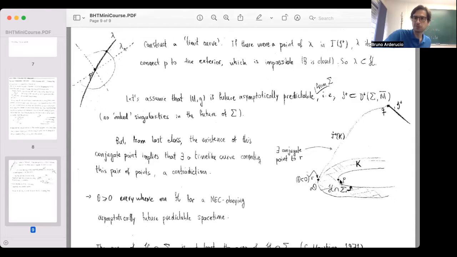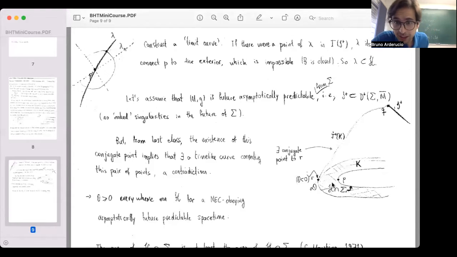The expansion of the congruence of geodesics at that point can be either positive, zero, or negative. If it is positive, we're fine. If it's zero, we're fine. If it's negative, we're going to show that it leads to a problem, by what I've been repeating forever now.